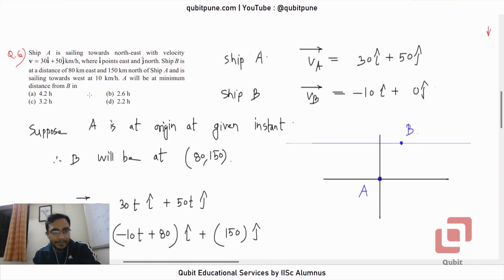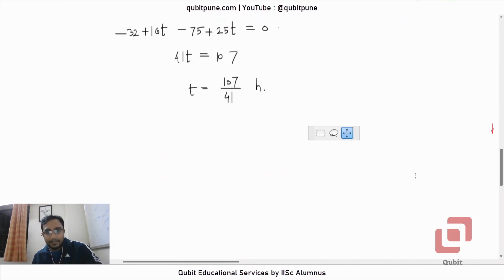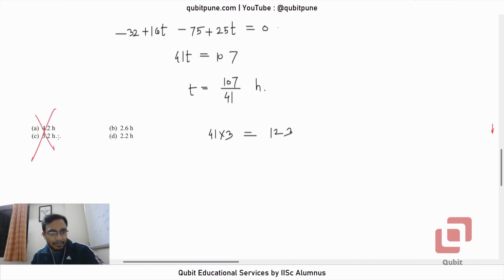Okay, now what about the options? How much is 41 into 3? 123. So this is definitely less than that. So A and C are gone.